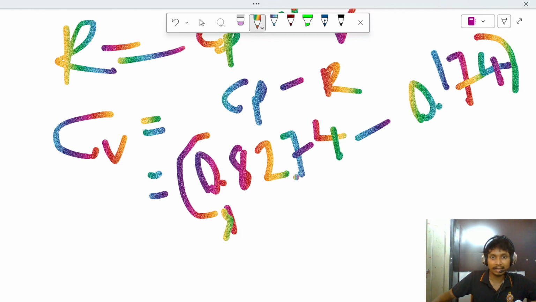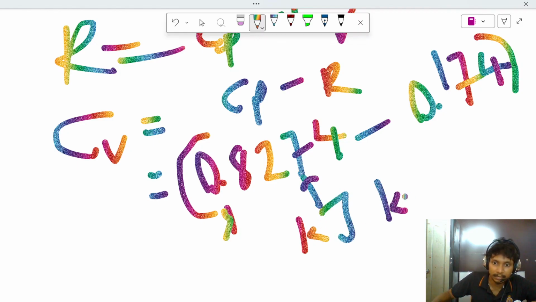The unit of Cp and the unit of R are the same: kilojoule kilogram minus 1 Kelvin minus 1.